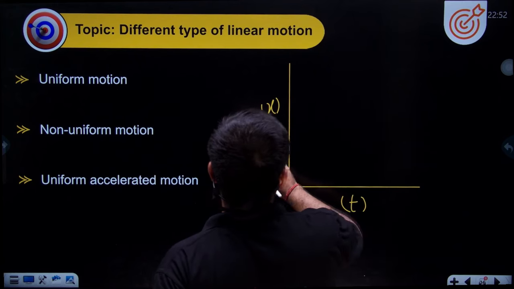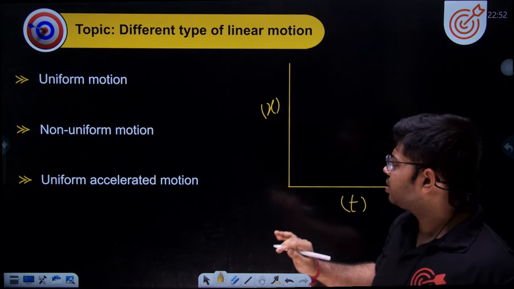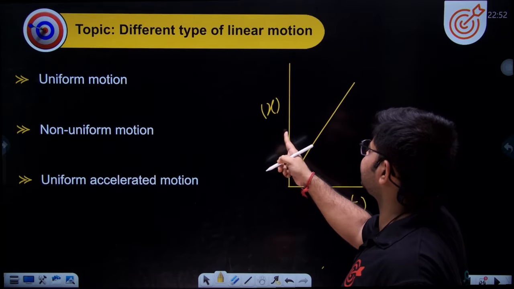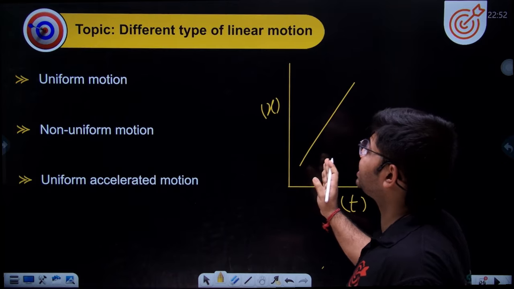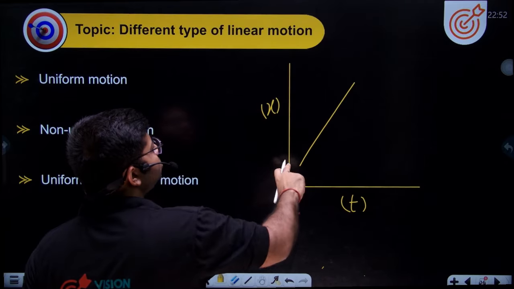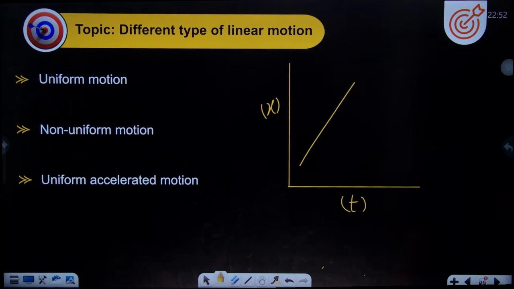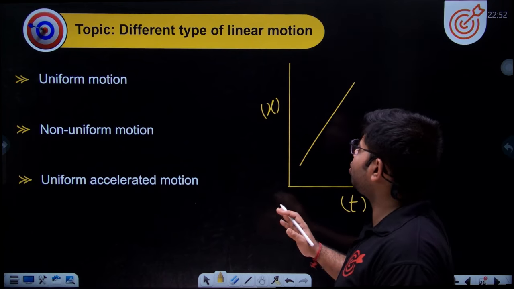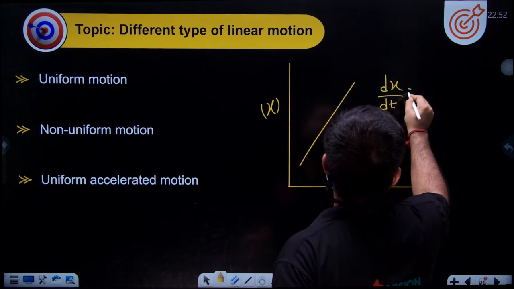So x is uniformly increasing or uniformly decreasing, whatever. It can be like this also. The y axis is the distance, and with time the distance is uniformly increasing. That means the slope is constant. The slope of this curve is constant. That means dx/dt is a constant.